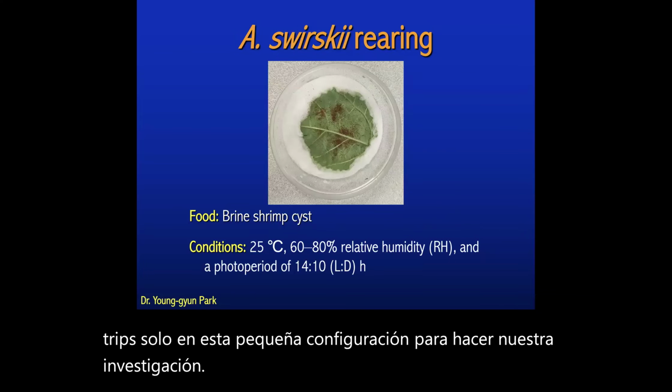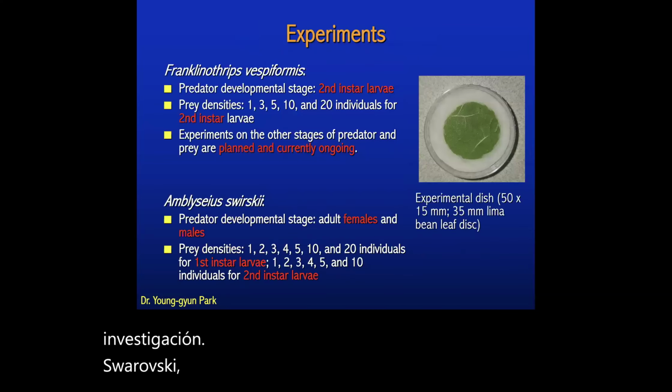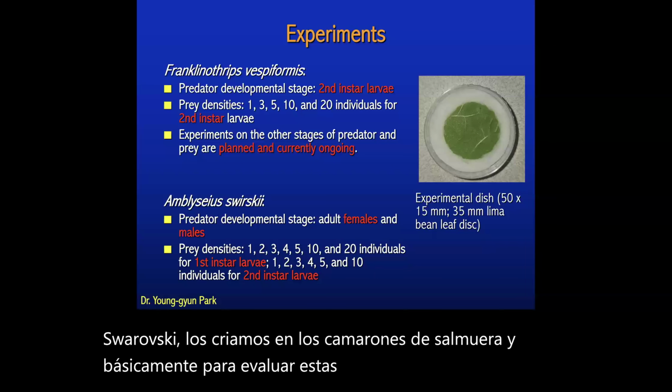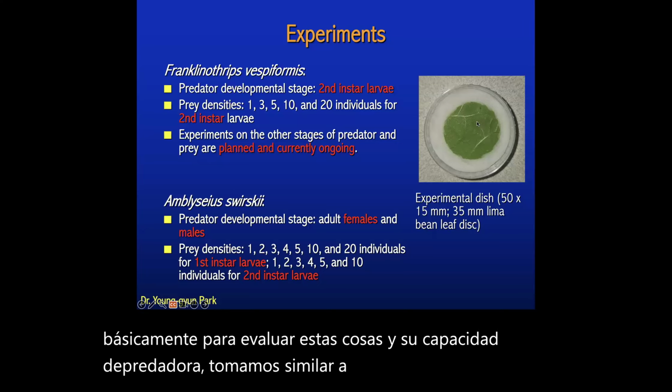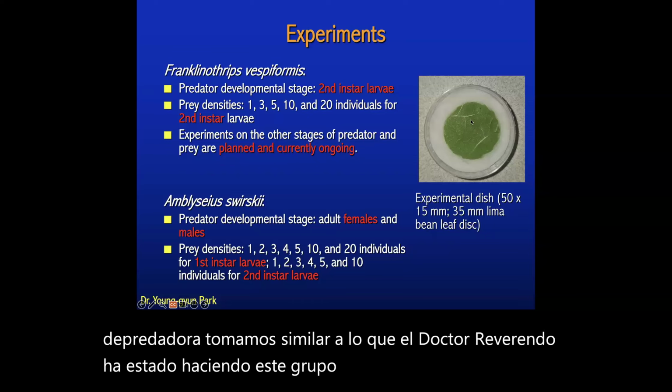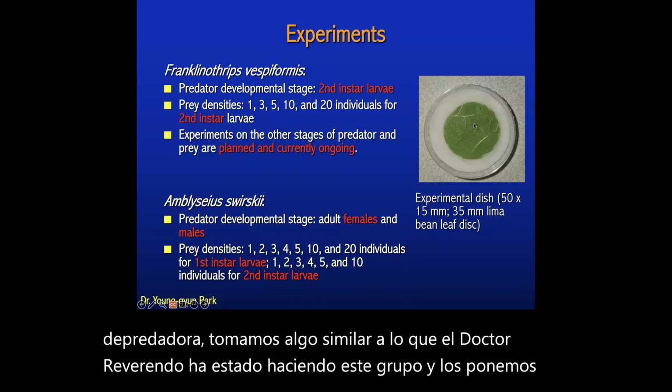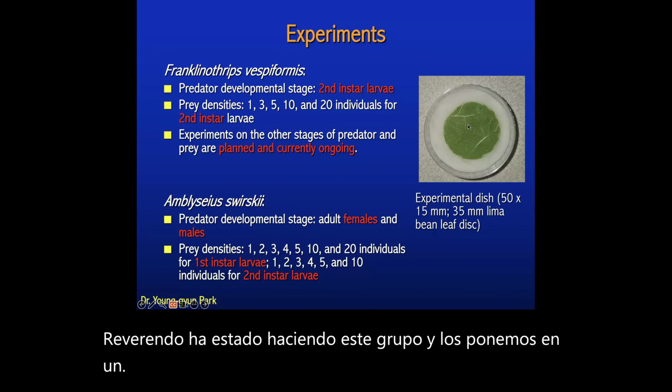Swirskii, we rear them on brine shrimp. And basically, to evaluate these things and their predatory ability, we take a method similar to what Dr. Revynthi's group has been doing, and we put them on a bean disc, and we put various densities.